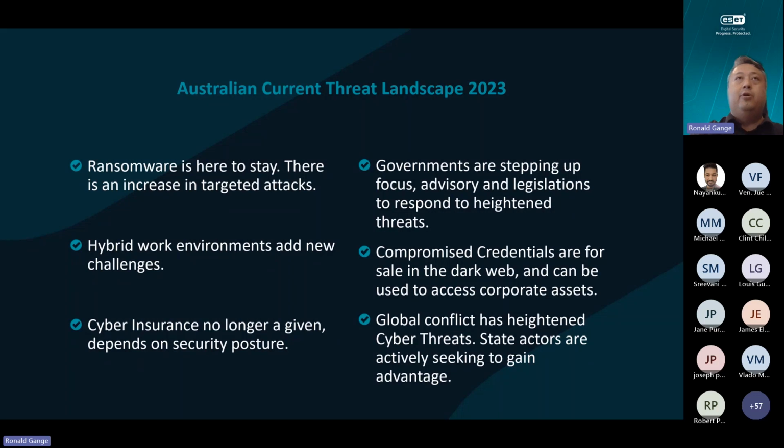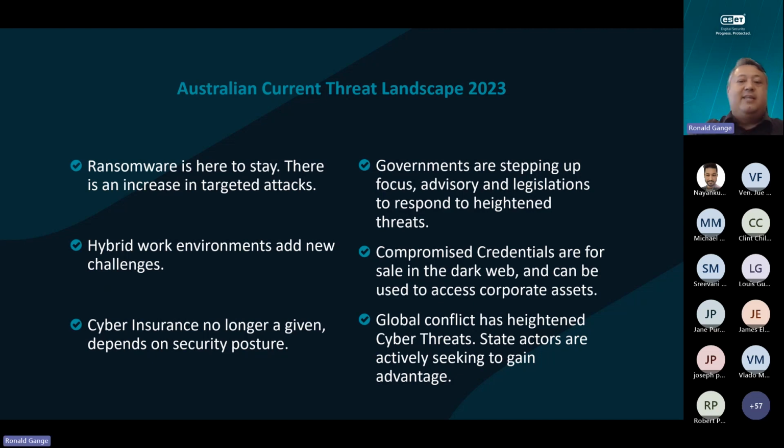Once they've got those credentials, they're able to launch phishing attacks from outside, and once they've been able to get in and escalate their privileges, they're able to launch ransomware attacks and exfiltrate data.